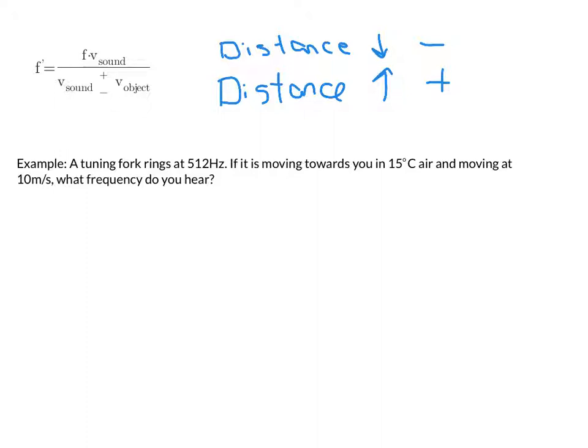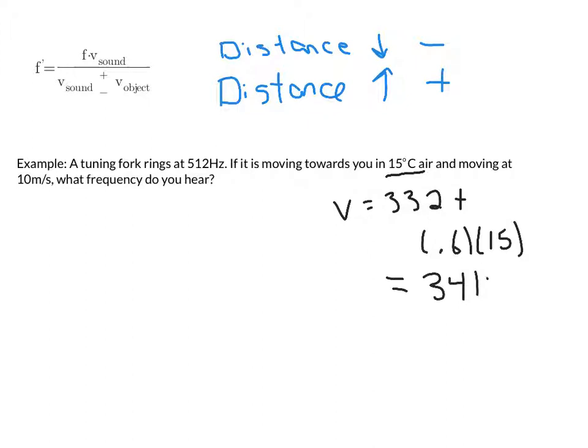Let's try this example. Tuning fork ringing at 512, so that's the frequency. It's moving towards you in 15 degrees Celsius air. In this subject, whenever we get a temperature, really that's telling us the speed of sound. Every degree Celsius warmer, the speed of sound goes up by 0.6. So for 15 degrees Celsius, the speed of sound is 341.